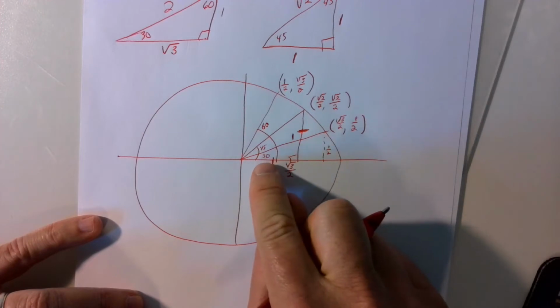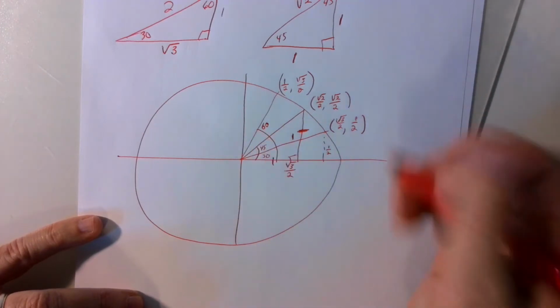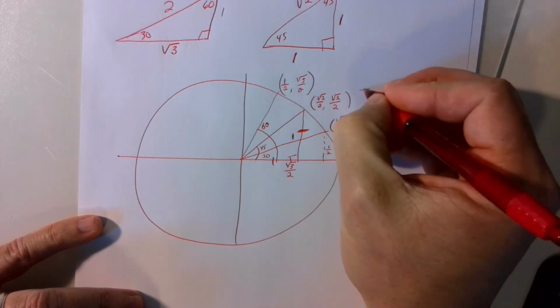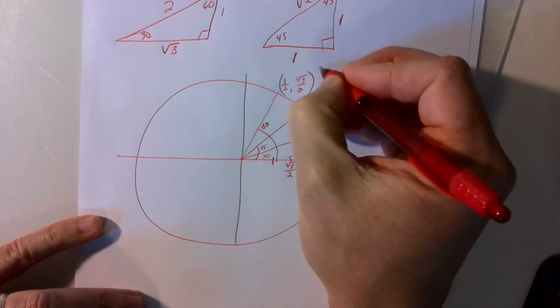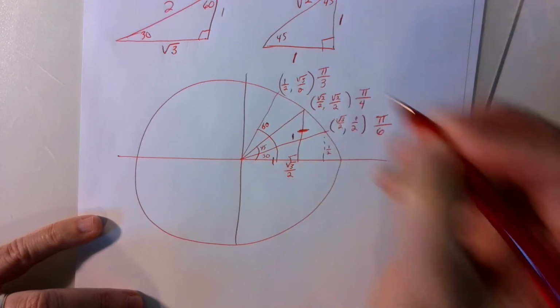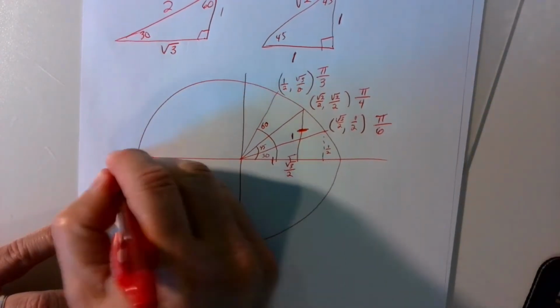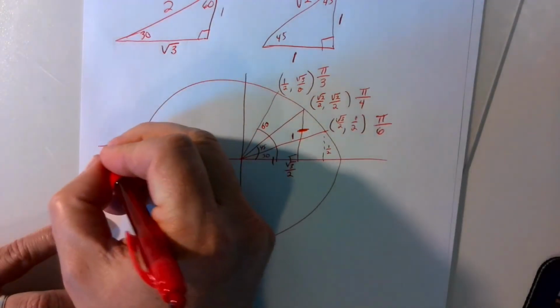But we want to know what the angles are, the 30, 45, and the 60, but we also want to know what they are in radians. So that's a pi over 6, and this is a pi over 4, and this is a pi over 3, and we know that all the way over here on a unit circle is pi.